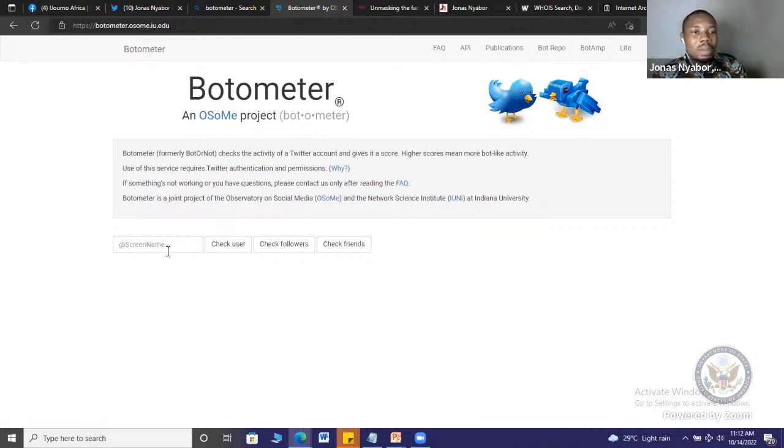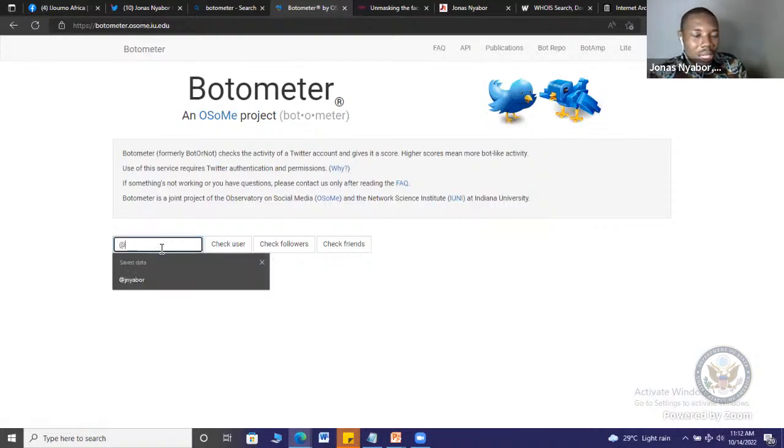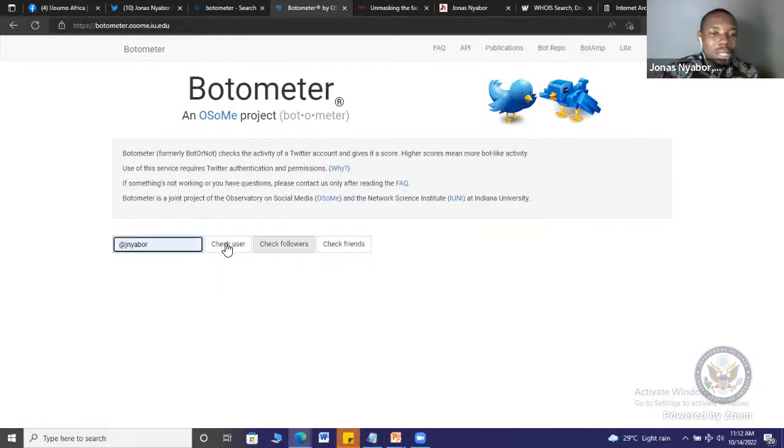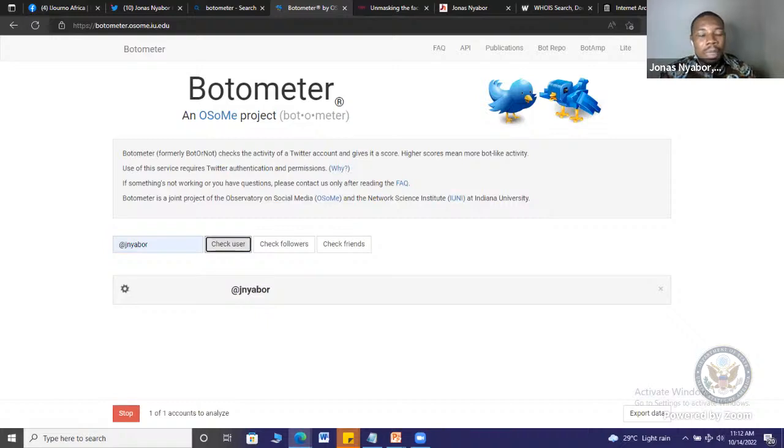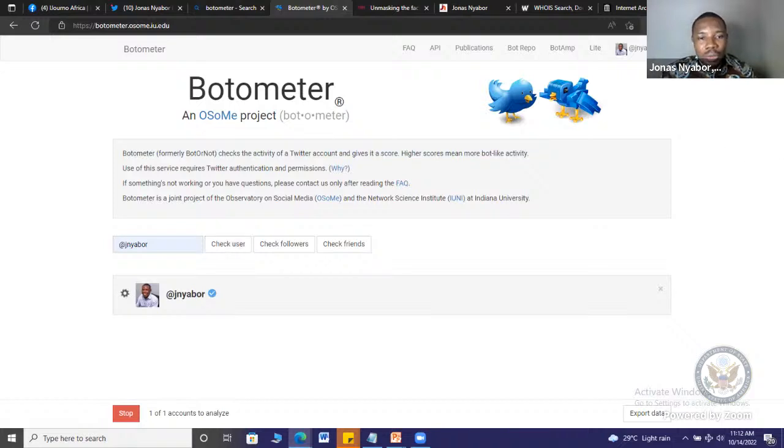So in this case, let me just try my Twitter account again. So my account is jnyabo. So I put in my Twitter account at jnyabo, and then I do check user. So you just give it a few seconds, let it load, and then it tells you the results of your account. So it's still loading. You give it a few seconds.